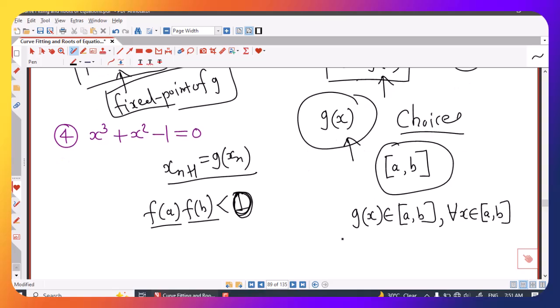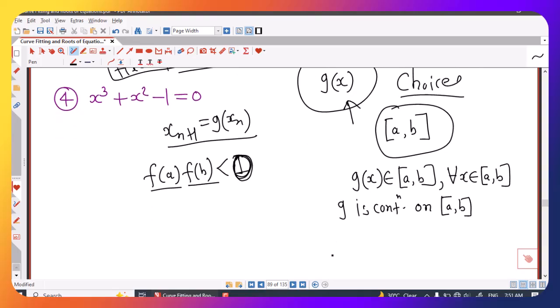We also require that function g is continuous on the closed interval [a, b], and the main thing is that the absolute value of the first derivative of g is strictly less than 1 for every x in this closed interval [a, b].